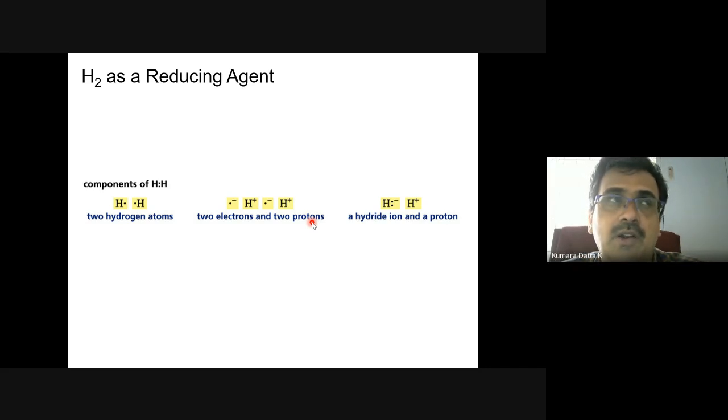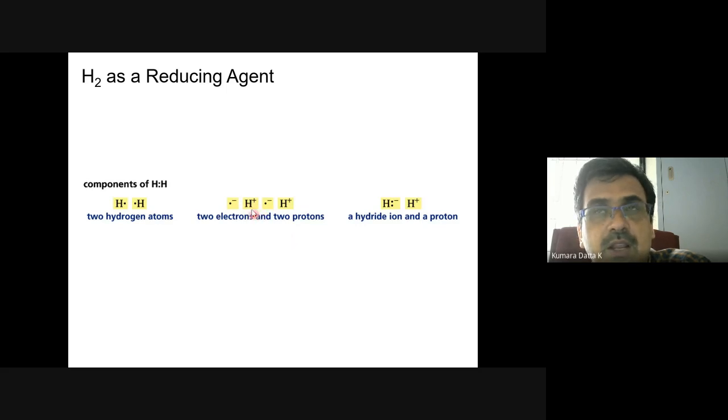We all know hydrogen gas is very dangerous to handle. So how can we think of hydrogen as a reducing agent? We have 2 hydrogen atoms, 1 electron from each hydrogen, or it can exist as 2 electrons and 2 protons.